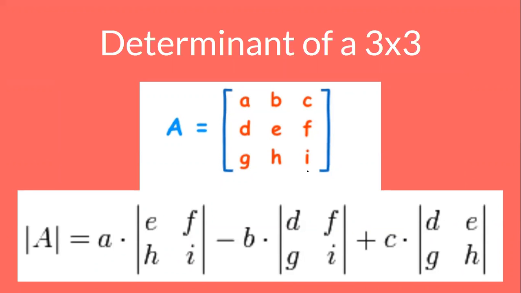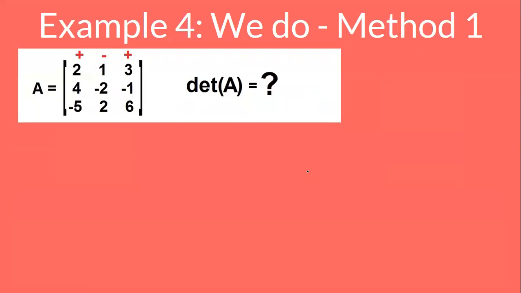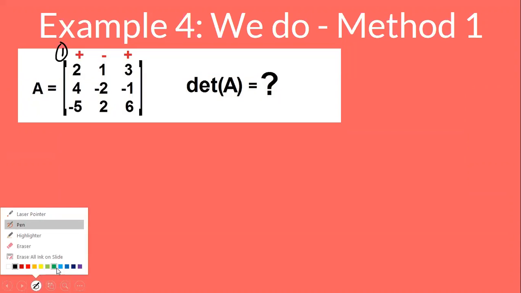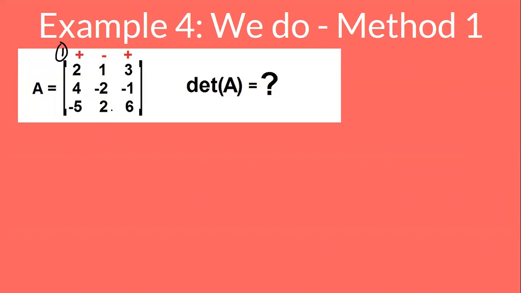Okay, are you ready to try method 1? Remember, there's 2 methods. So I'm showing you method 1, and then we'll do method 2. All right, so following method 1, first thing I'm going to do is number. So I numbered. Okay. Second thing I'm going to do is start off with my first element. Uh-oh, sorry.